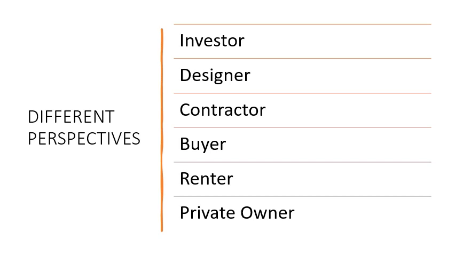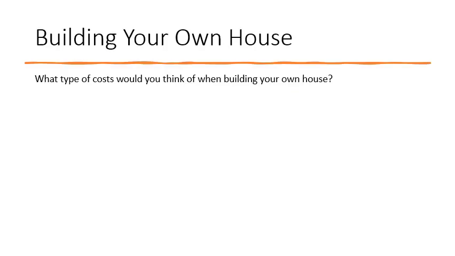But if you want to build your own house, what variables would you include in the design and construction? Since this is going to be your house where you and your family will be living maybe for a long time, probably you pay attention to some other things, and maybe you adjust the total cost of the project based on your ideas and the level of comfort that you are looking for.